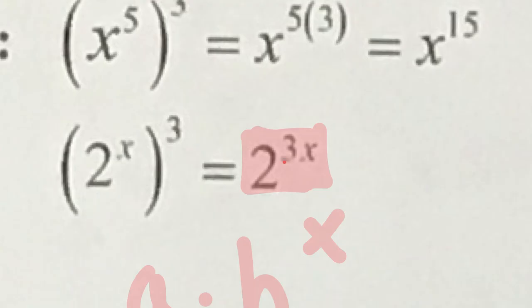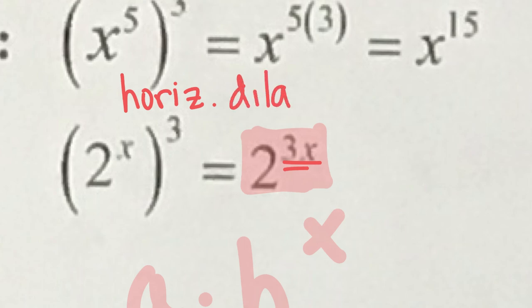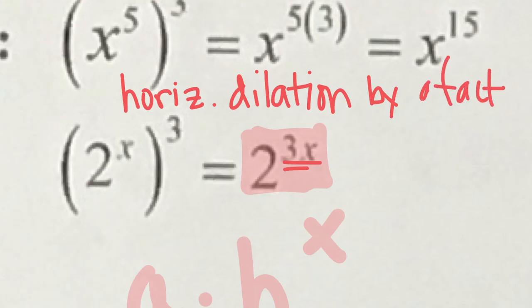Because if we have a 3x here, this is a horizontal dilation. We call these horizontal dilations by a factor of, what's our dilation factor in this case? If we have a 3 here, but knowing that anything with x is always a liar, if we are multiplying by 3 in the x, it's really a factor of 1/3.